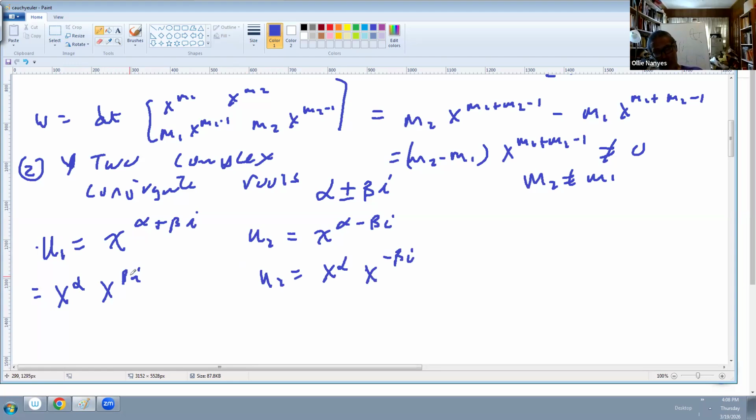And what we do in calculus or differential equations, if we don't understand how to do the exponent, we take e and log. So this is x to the alpha, e to the log of x to the beta i. And this is x to the alpha, e to the log of x to the minus beta i.